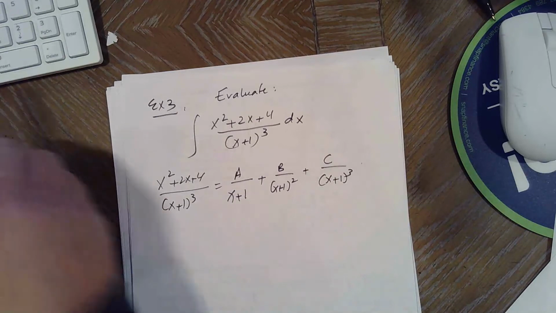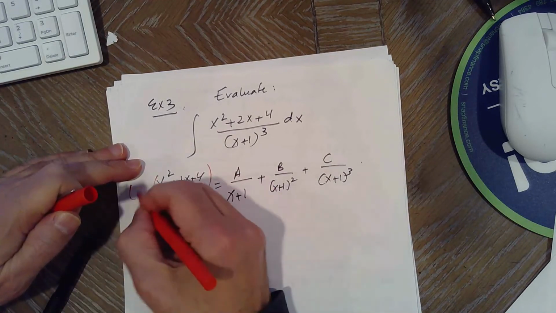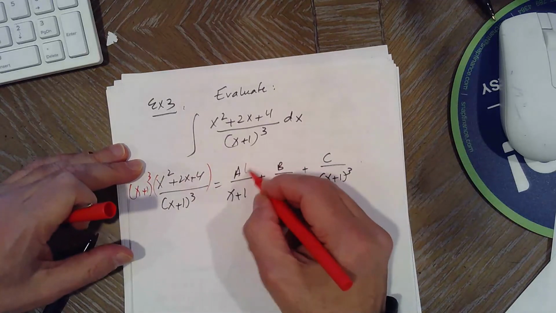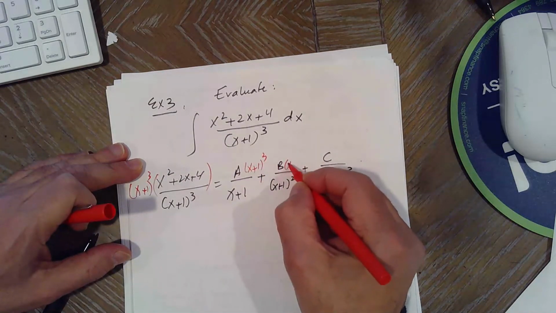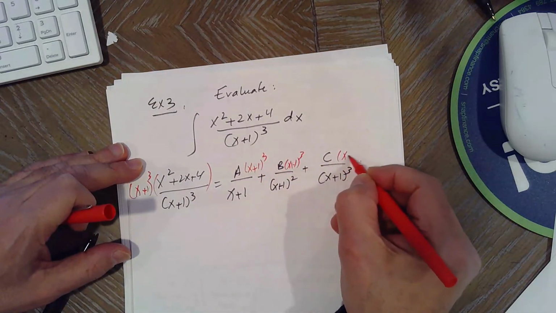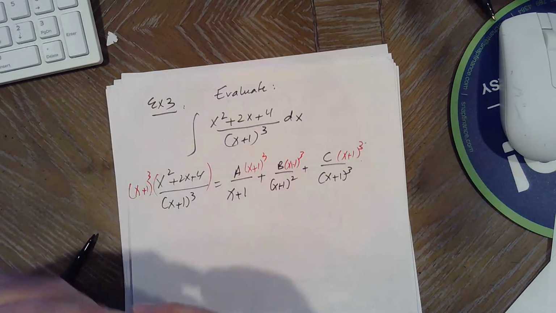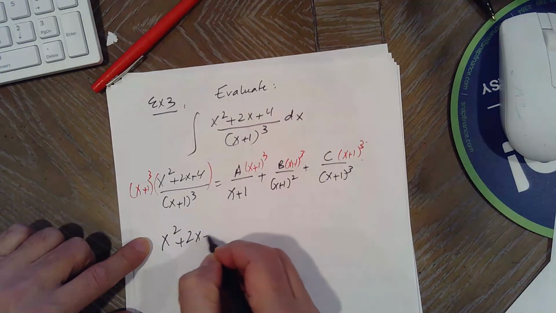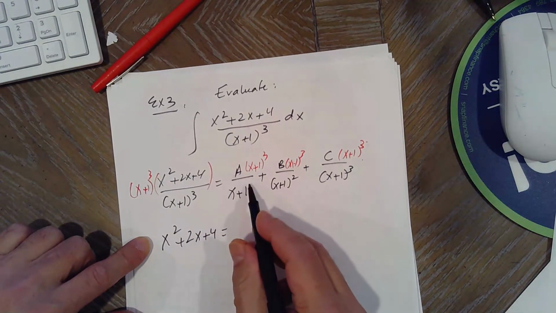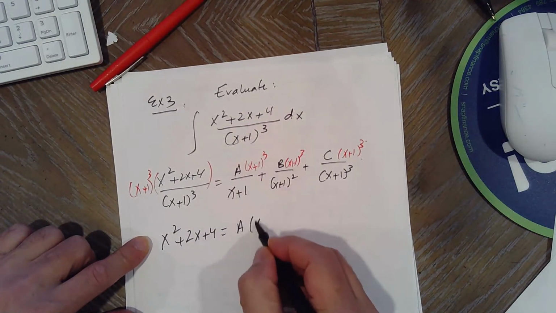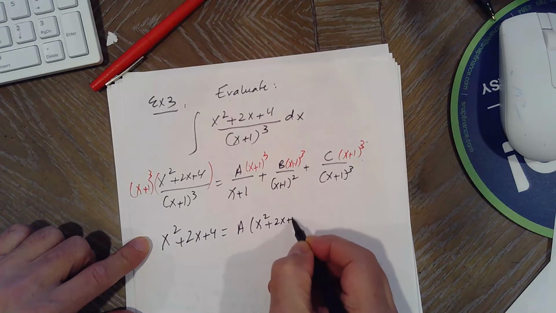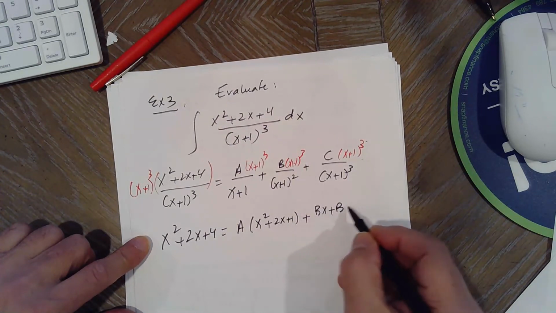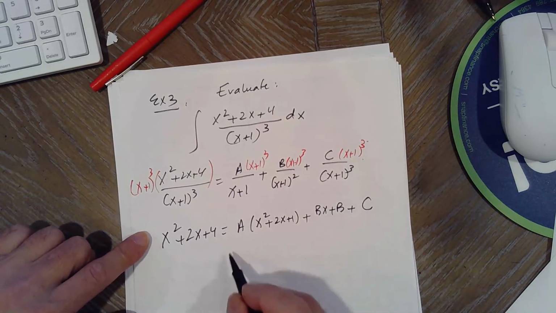And then we multiply by the LCD, which is (x plus 1) cubed. So we're going to get x squared plus 2x plus 4 equals a times (x plus 1) squared, which is x squared plus 2x plus 1, plus b times (x plus 1), which is bx plus b, and this is just c.